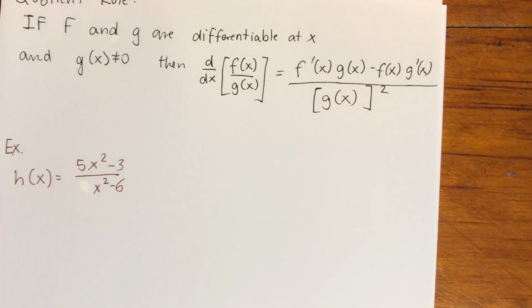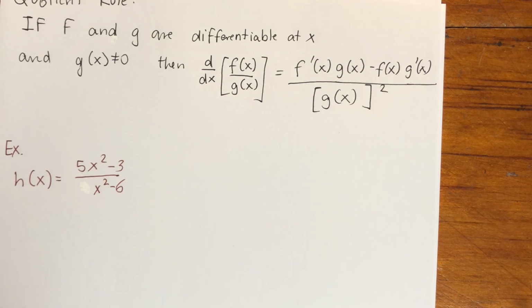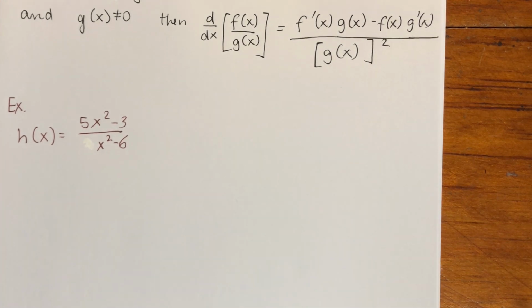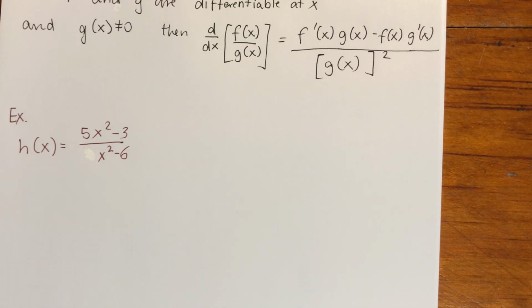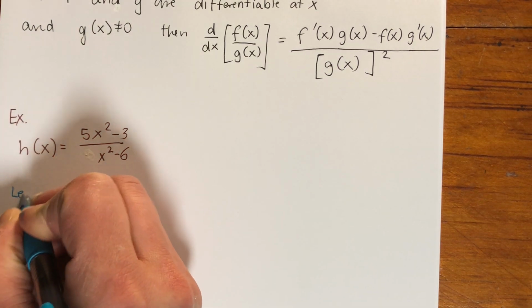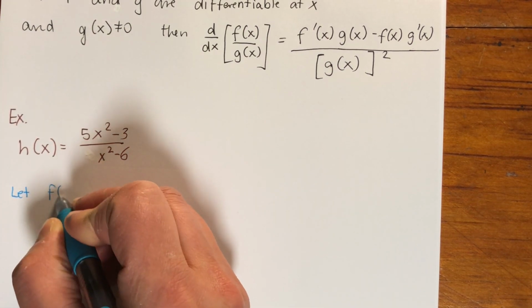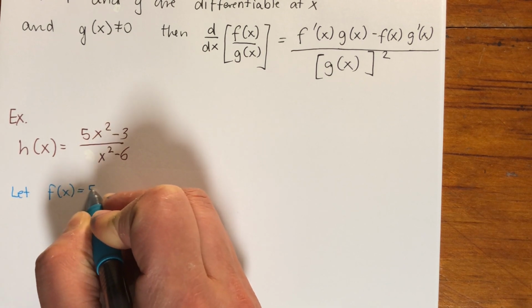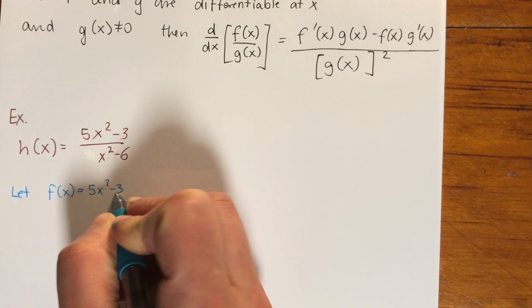And again, depending on how well you can do mental math, you can do more or less stuff in your head. But keep in mind it is extremely easy to make a mistake with those. So what I am going to do is say let f of x be equal to 5x squared minus 3.